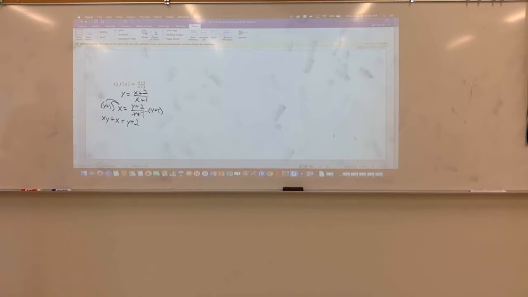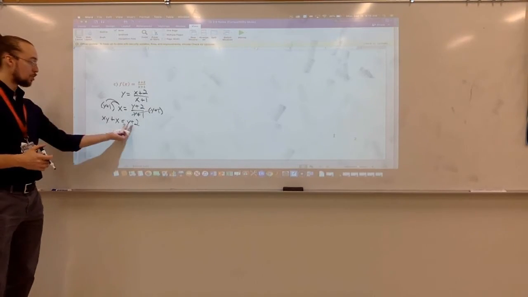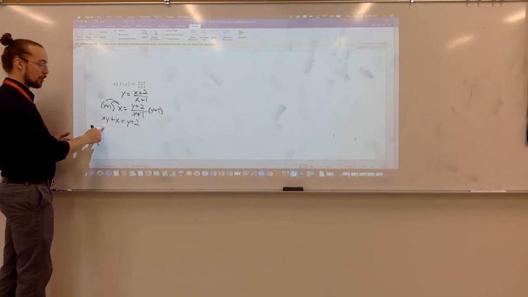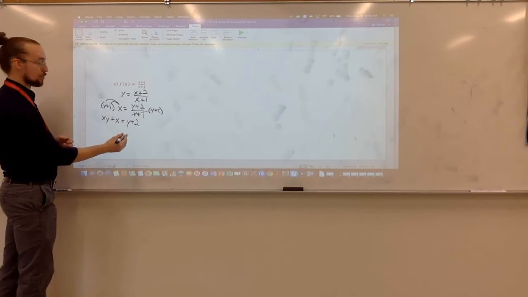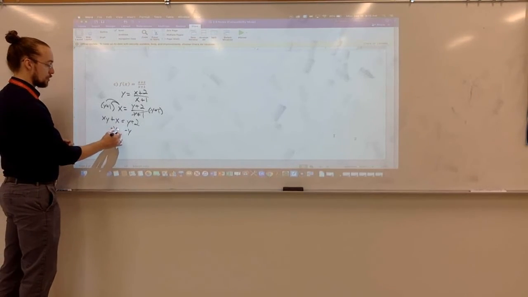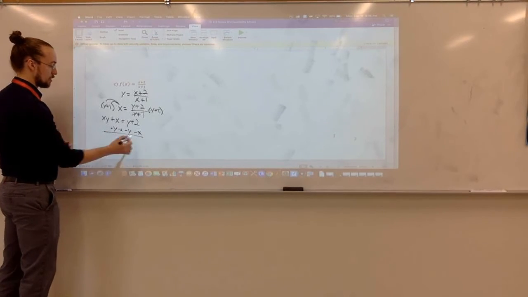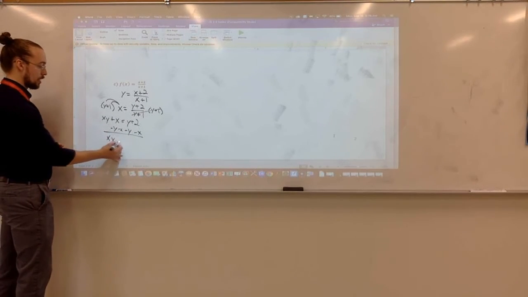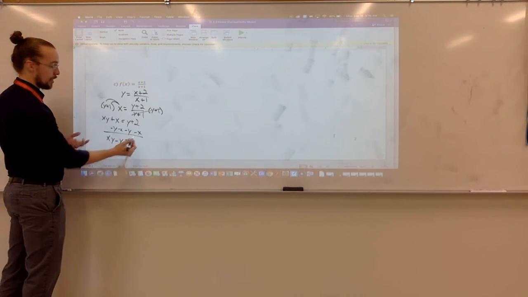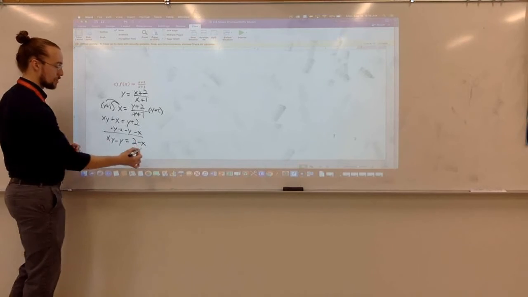We talked about solving something like this a few sections ago. Whenever I want to solve for y and I have multiple y's, I want to get all of the y's on one side of the equation and everything else on the other side. So I'll bring the y's over to the left and everything else over to the other side. I'll subtract my y over here and then subtract this x over to the other side. So what I end up with is xy minus y equals negative x plus 2, or 2 minus x.